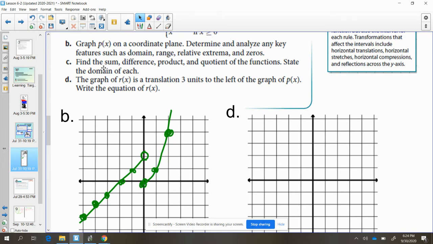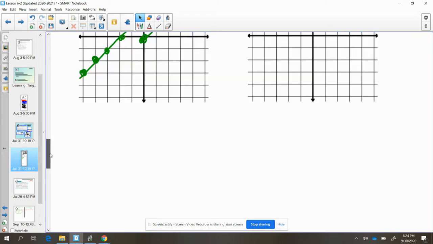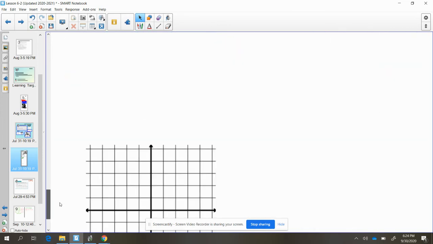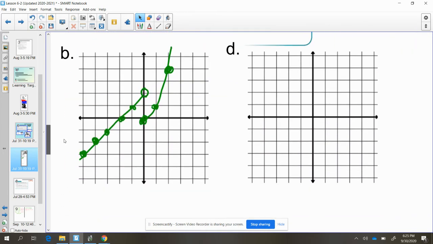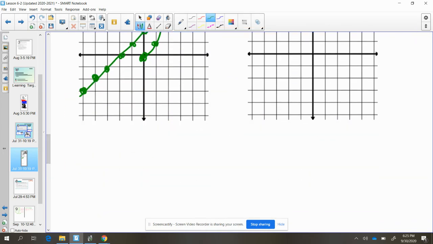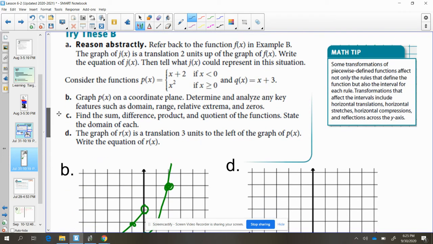And they also want us to be able to, for part C, which we're going to do down here, find the sum, the difference, the product, all that fun stuff like we did in part A. So for C, if we start adding these together, so p plus q of x, what we would be doing is we would be taking x plus 3 and adding it to both pieces here.